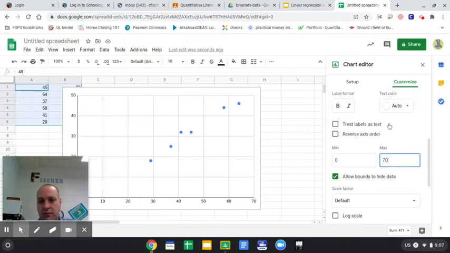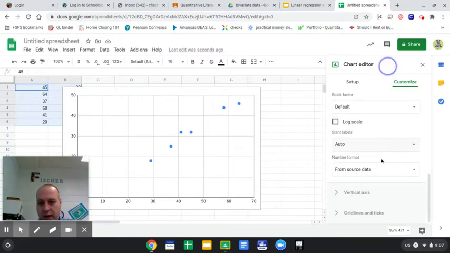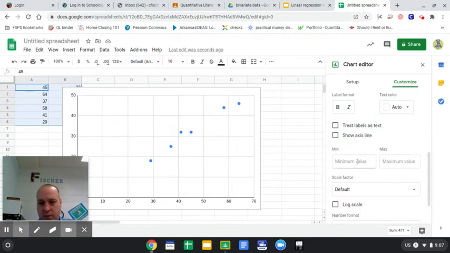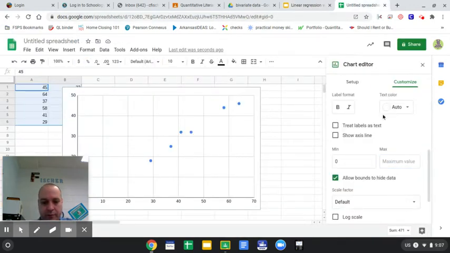All right, so now I could do the same thing for the vertical axis. We'll just say it starts at 0 and goes to, so the Y's go to 46, so we'll go to 50.